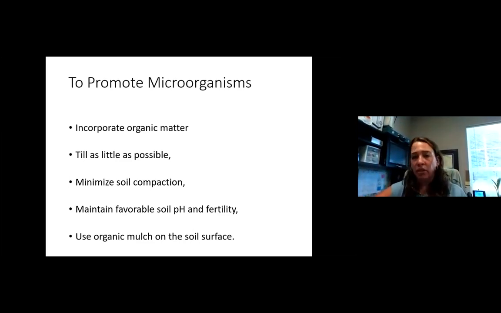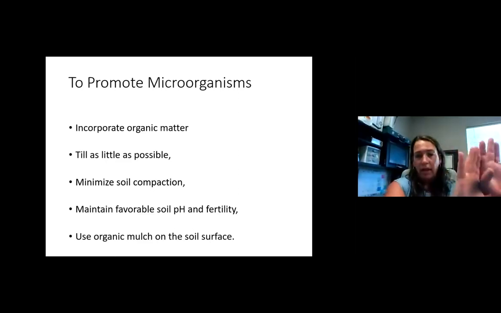We want to minimize soil compaction. Remember, soil compaction compresses down those soil particles, and it makes a lot more water spaces, micropores, and it limits the macropores, the oxygen. And those microorganisms need oxygen. They breathe in the oxygen, they use it to break down those nutrients, and they make them available for plants to take up.